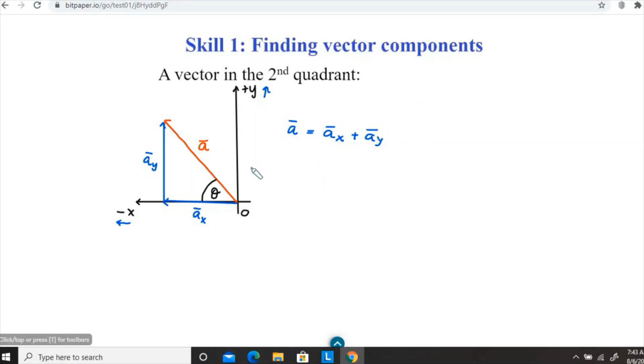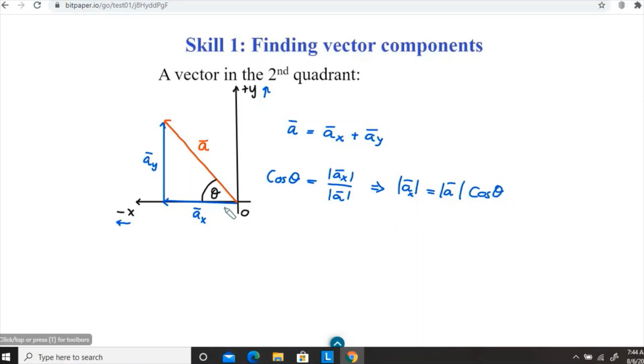Now, again using the definitions of cosine theta and sine theta, I'm not going to write the definition adjacent over hypotenuse. I'll simply write the magnitude of ax vector over the magnitude of the A vector, and that will give me the magnitude of the ax vector is equal to the magnitude of the A vector times cosine theta.